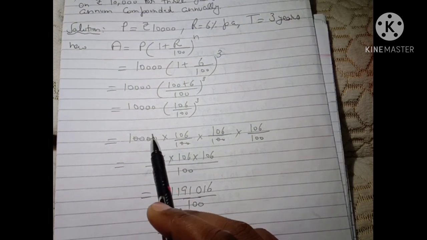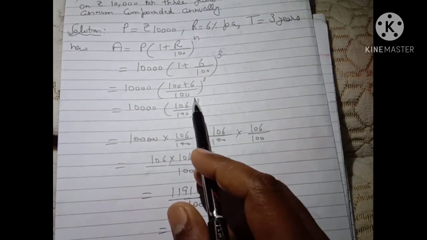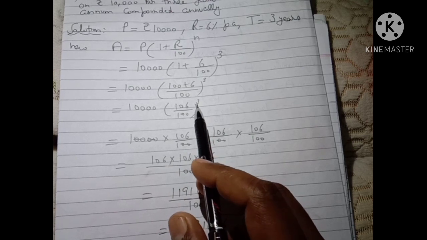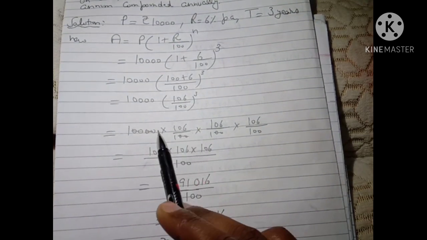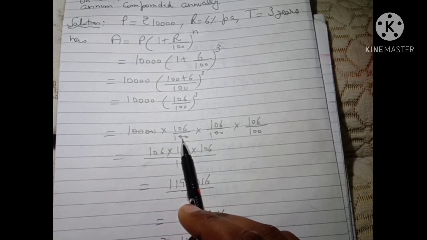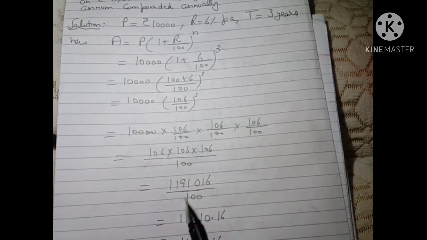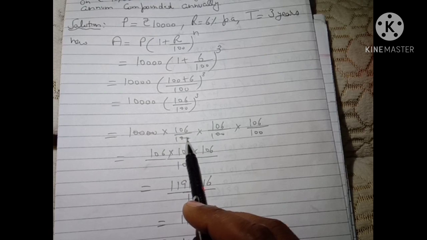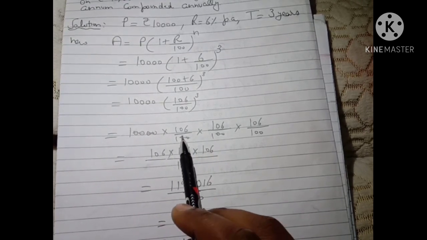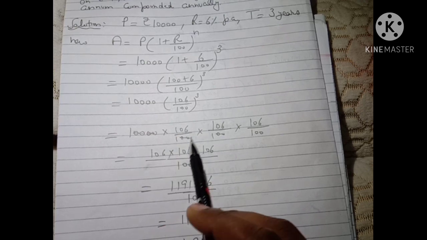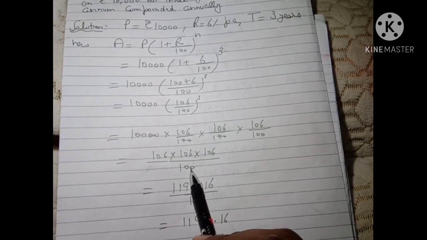And after this, 10,000 into, now this value has a power that is 3, so we have to multiply this term 3 times, so it will become 10,000 into 106 over 100 into 106 over 100 into 106 over 100. Now these two zeros and these two zeros are cancelled, and we are left with 106 into 106 into 106 over 100.